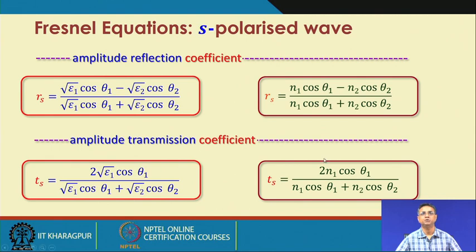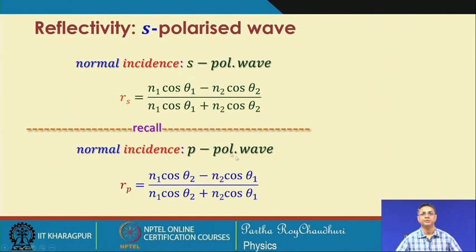So, we will use these two equations to look at the other possibilities. For normal incidence of the s-polarized wave, this is one very interesting case, that we can use cosine theta 1 to be equal to 1 for normal incidence, and then we can arrive at a relation that for normal incidence the reflection amplitude coefficient will be n 1 minus n 2 by n 1 plus n 2.